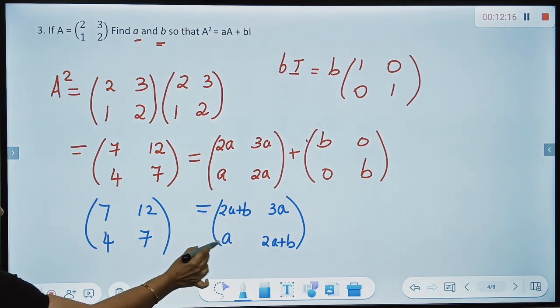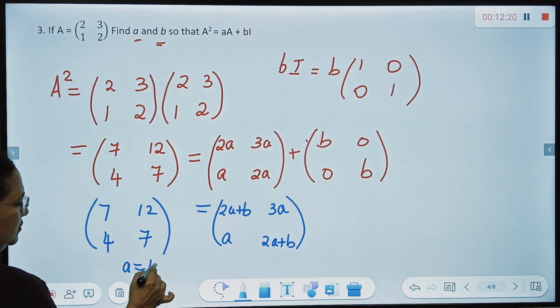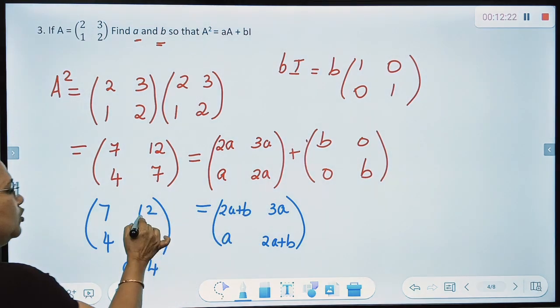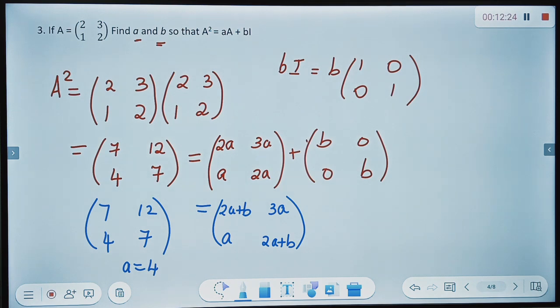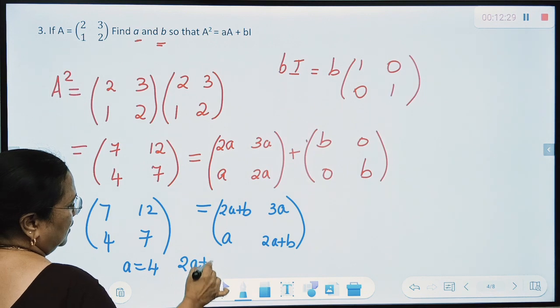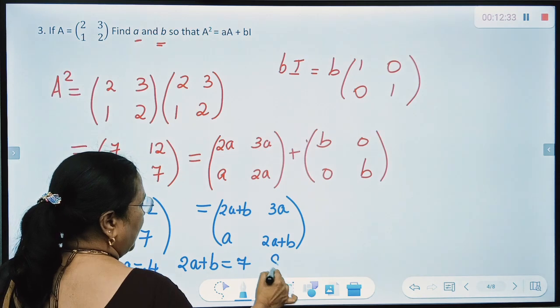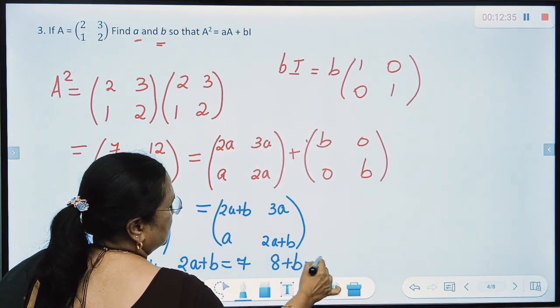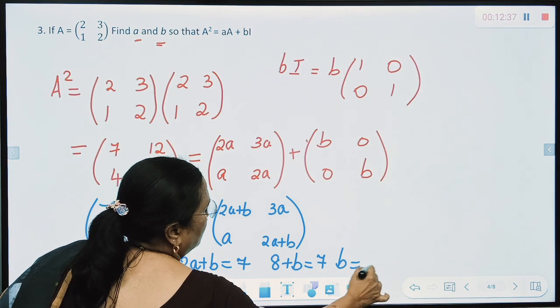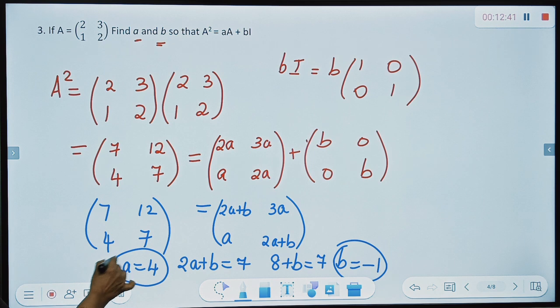So you directly get a equal to 4. 3a equal to 12, satisfied when a is 4, right? Then 2a plus b is 7. 2 into 4, 8 plus b equal to 7, or b equal to minus 1. So b is equal to minus 1, a equal to 4.